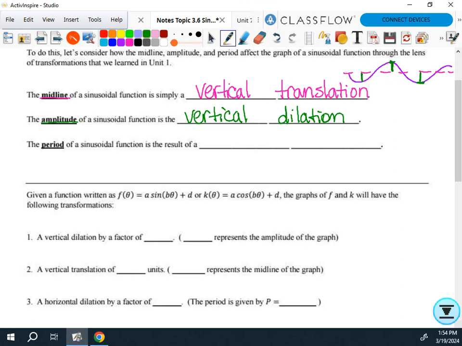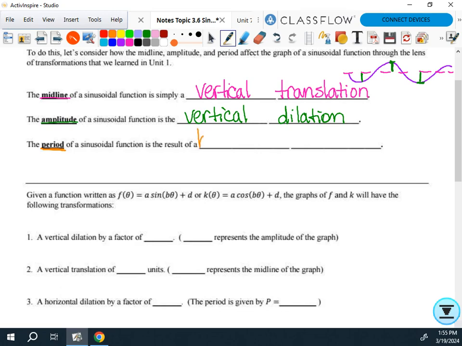Then the period is the distance that makes one cycle, or one rotation of a motor or something, right? So what's going to change the period is if we stretch or compress it horizontally.